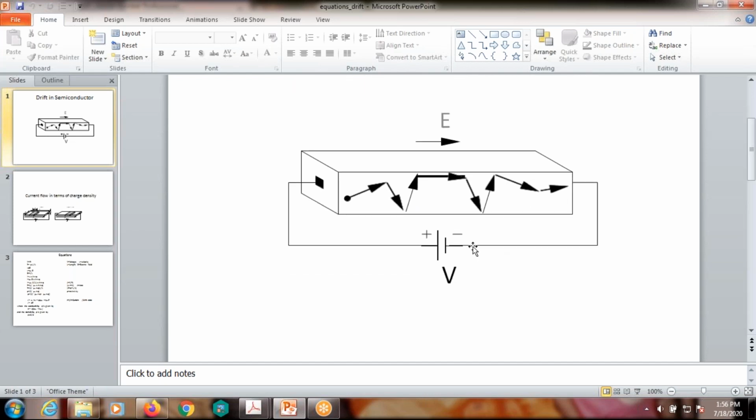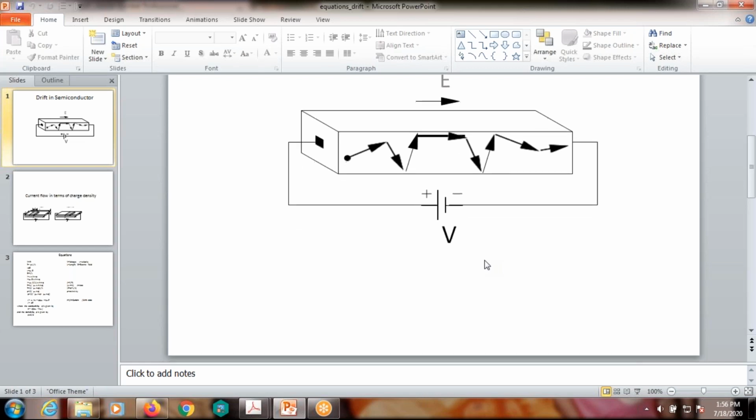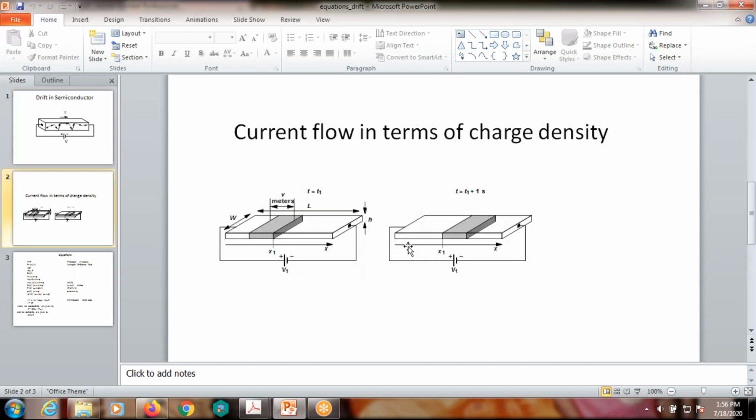And then how to find the current? Here we know only the voltage and electric field, and we know the velocity of a charge carrier. For that, we consider some cross-sectional area.